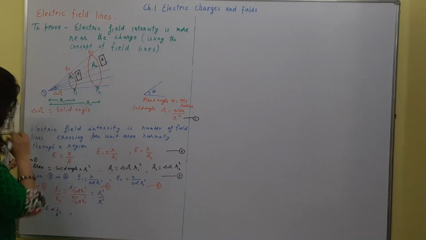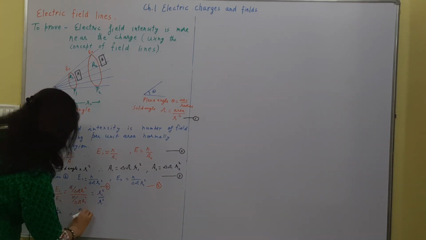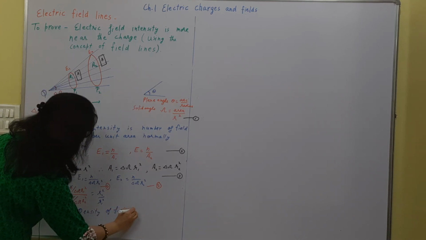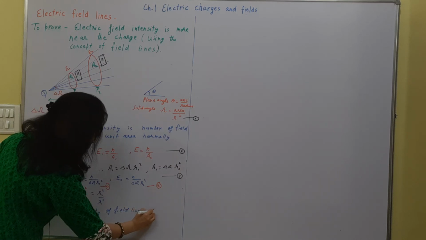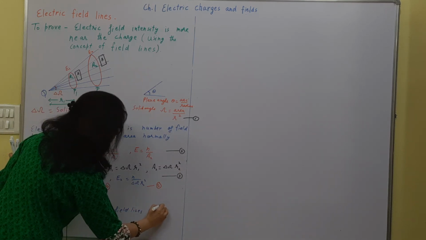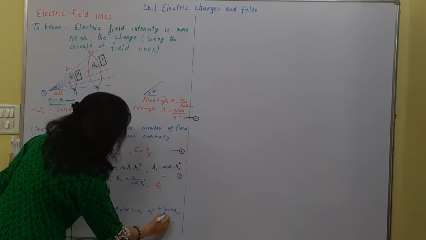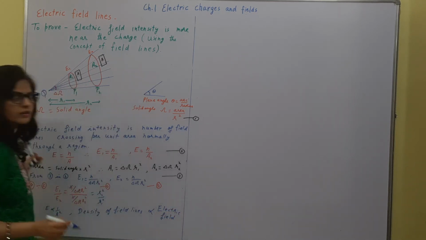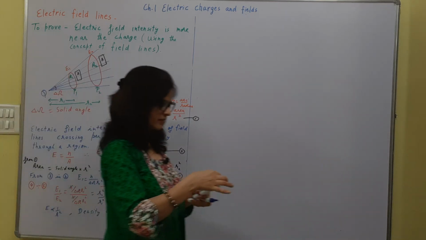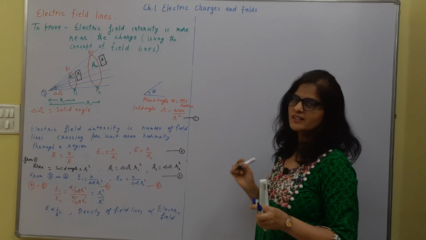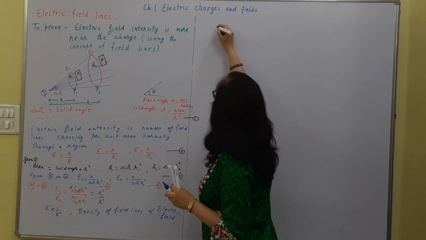This also proves that density of field lines is directly proportional to the electric field. What does that mean? We all understand this, that more closer the field lines, more is the intensity of electric field.